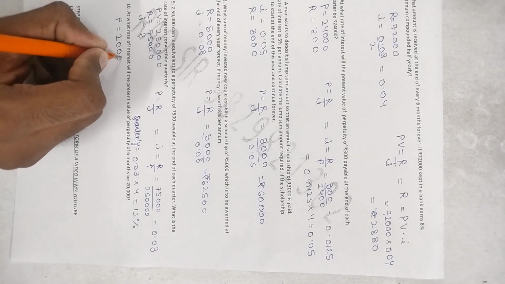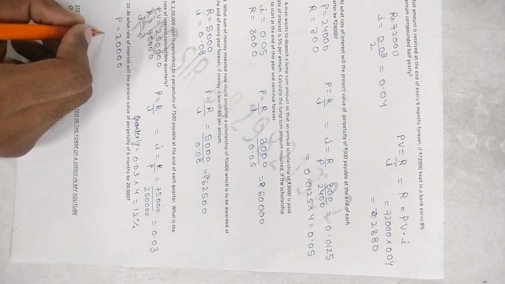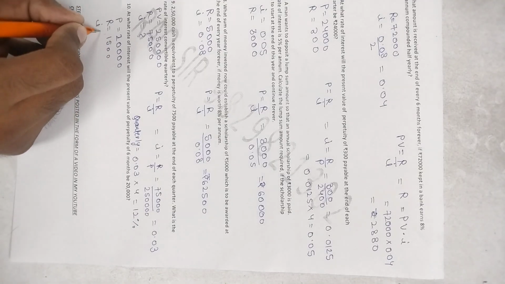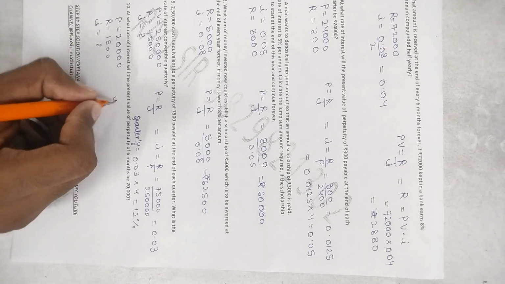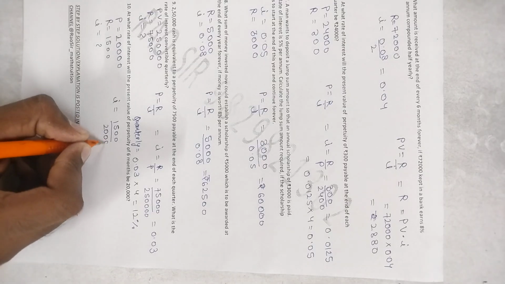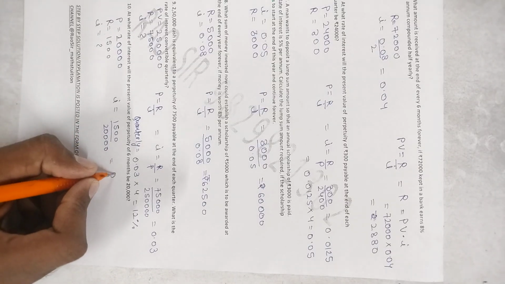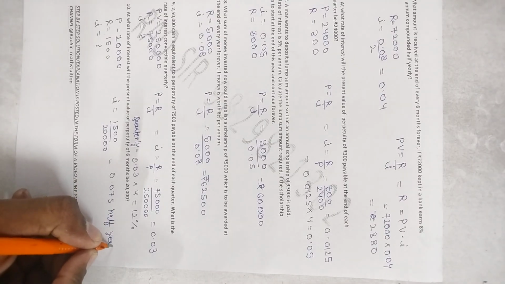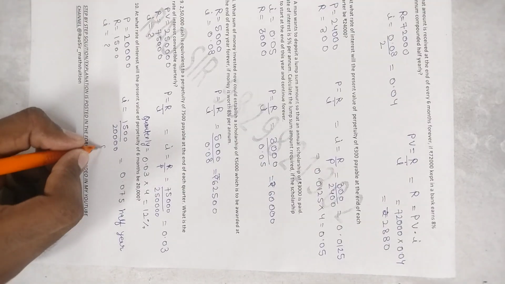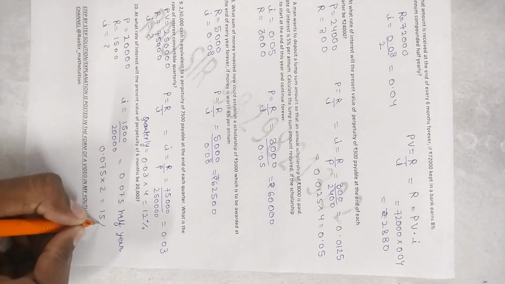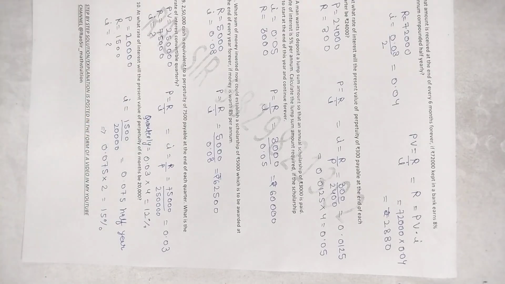This is every 6 months, that means half yearly, and 20,000 rupees is the P. So we could do all the questions.